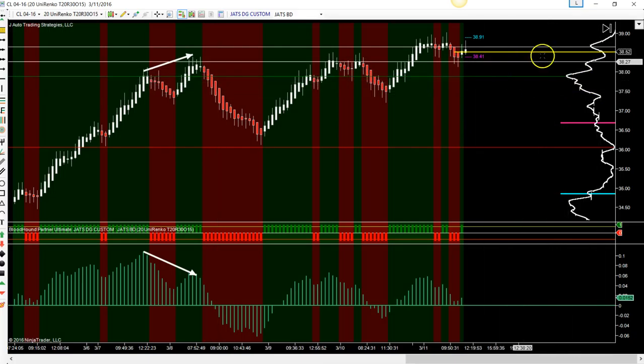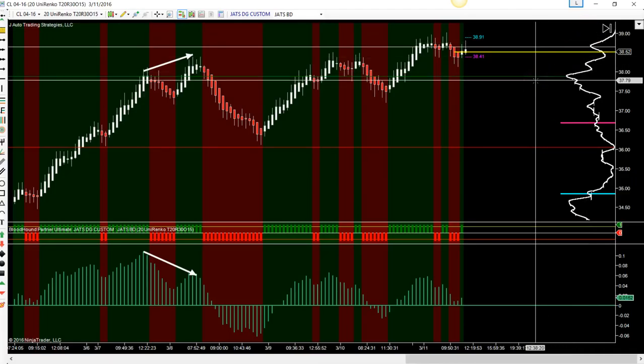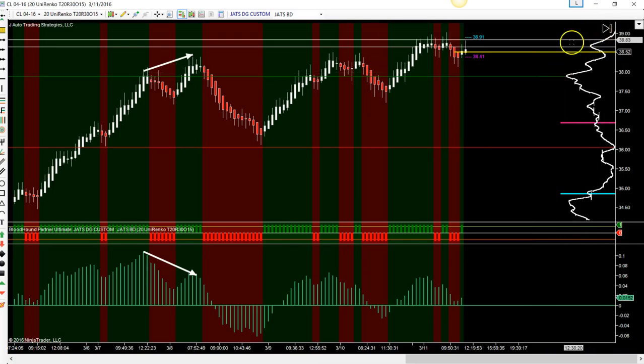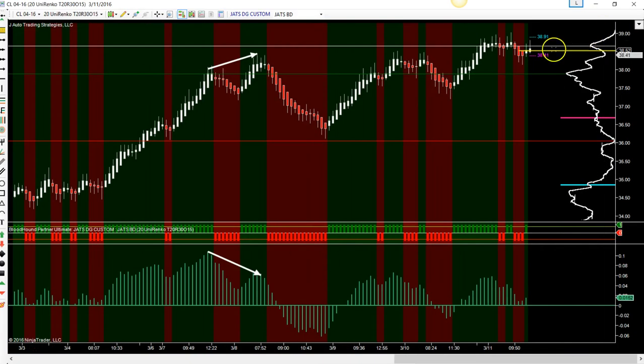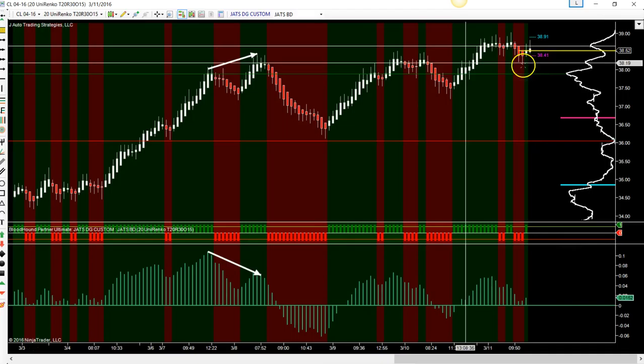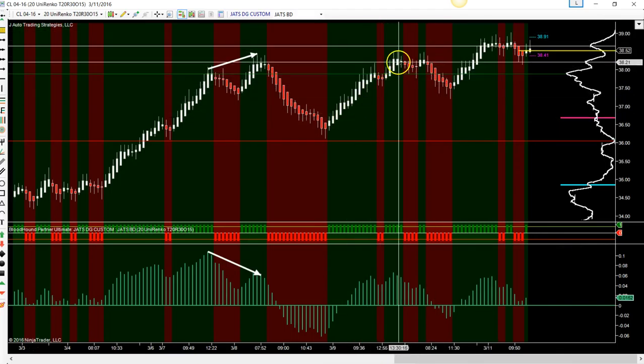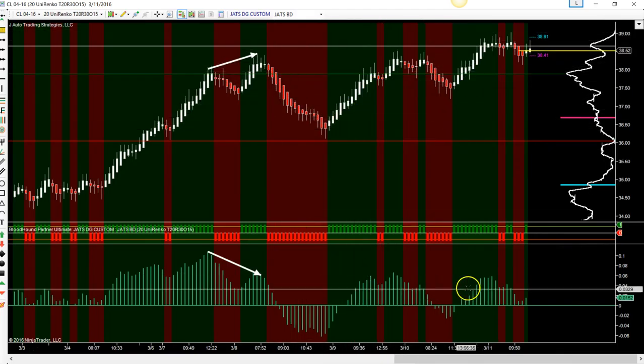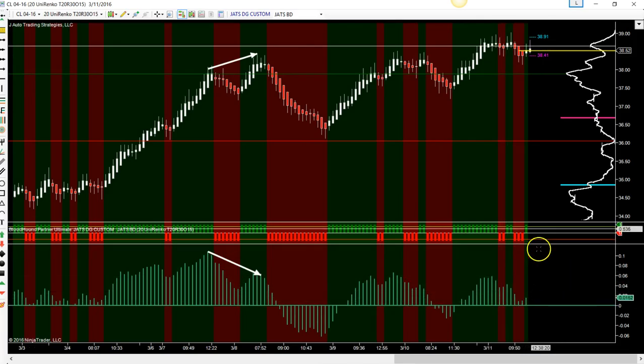If your theory is to stay long and you want to tuck a stop behind the high volume area to keep your trend going, that's a good theory. But I just use my custom bar direction and momentum to show me where my trend direction is.